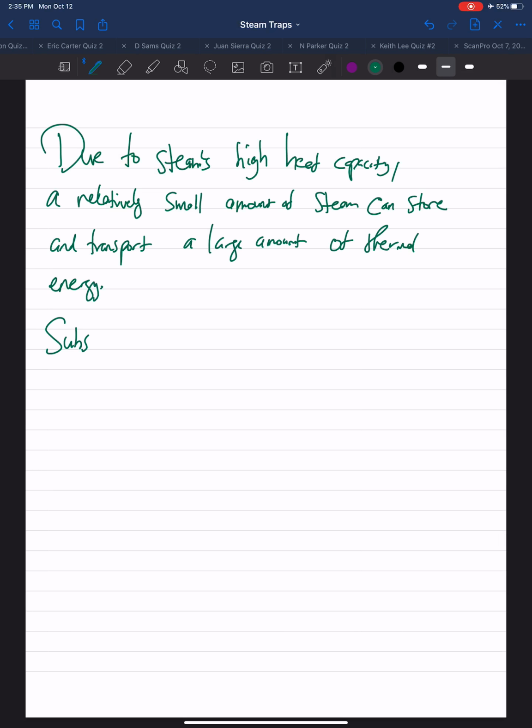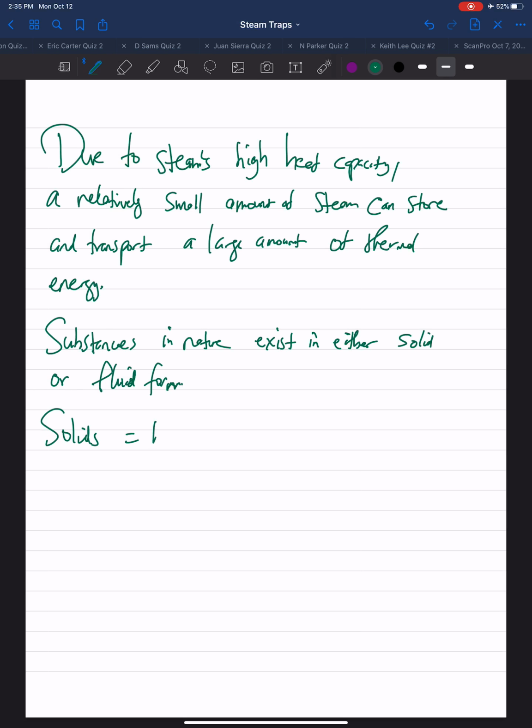So, substances in nature exist in either solid or fluid form. Solids have definite volume and shape.